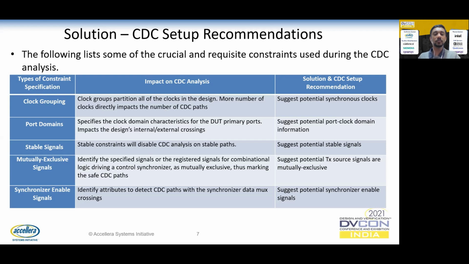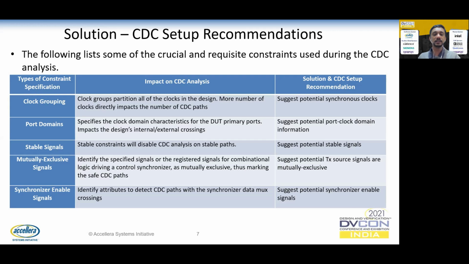For example, clock grouping constraints directly impact CDC analysis. Clock group partitions all the clocks in the design. More clocks directly impact the number of CDC paths. And the solution and the CDC setup recommendation here would be to suggest potential synchronous clocks in the design. Port domain constraints specify the clock domain characteristics for the DUT primary ports.